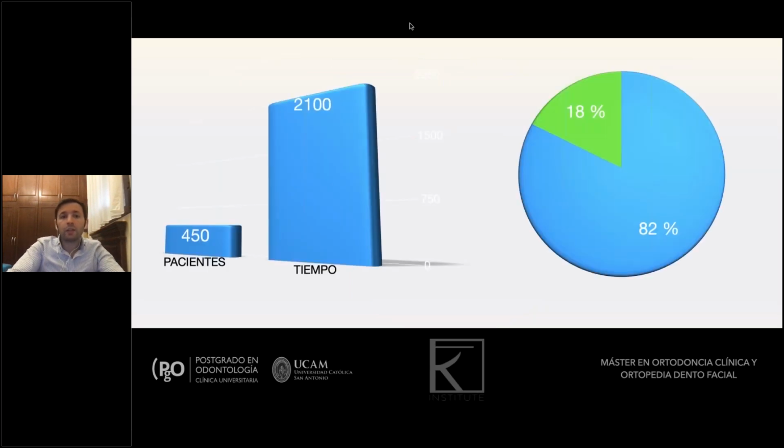So 25% of a week is 2,100 minutes, and I have to see 450 patients in 2,100 minutes. So I conclude that I have to spend 4.5 minutes for each patient. I cannot allow myself to use systems that make me spend more time with patients. I cannot allow that, okay?